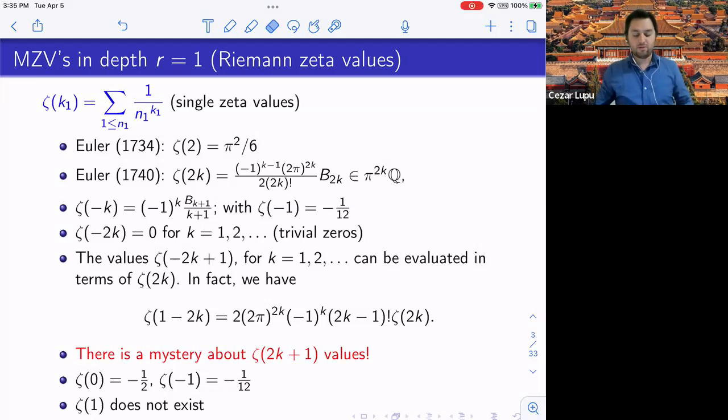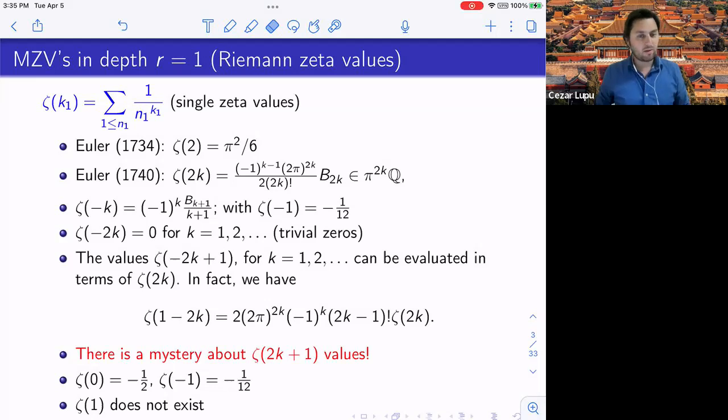And we can evaluate the Riemann zeta function at negative even values. And these are nothing else than just the trivial zeros, which were also deduced by Riemann from his functional equation. All right, so also we can evaluate zeta of 1 minus 2k.